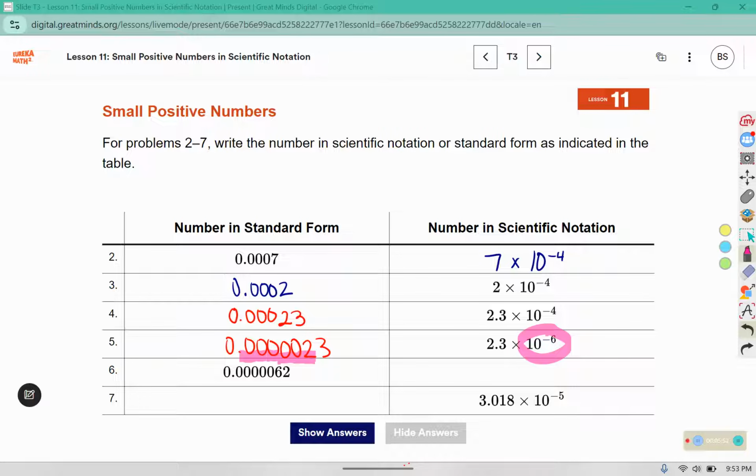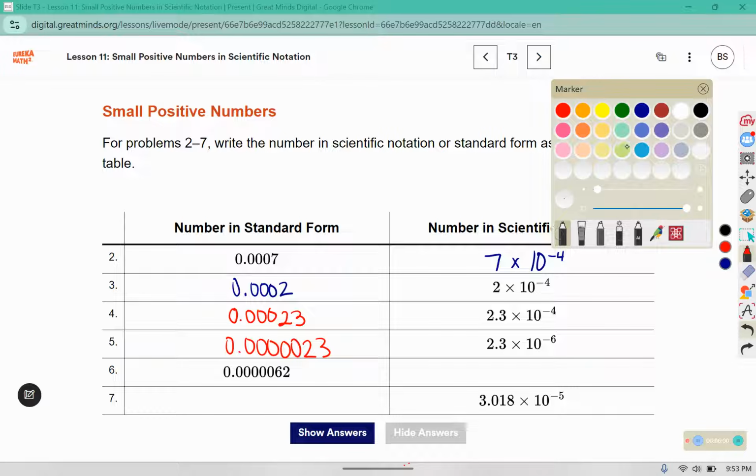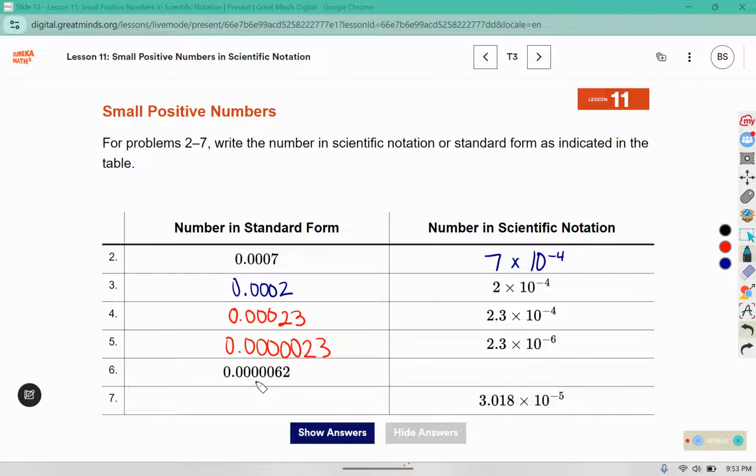So the 2 goes in the millionths place. This one, we have tenths, hundredths, thousandths, 10,000s, 100,000s, millionths. So the 6 goes in the millionths place.